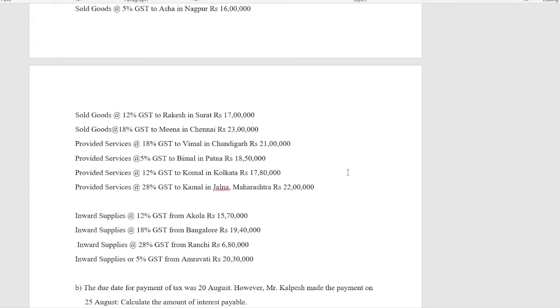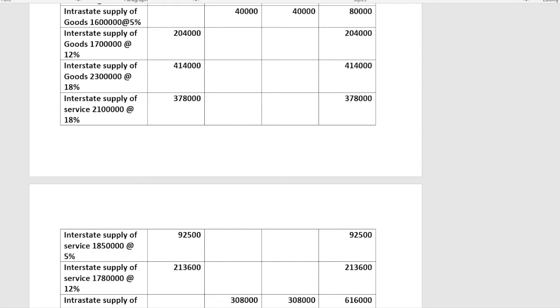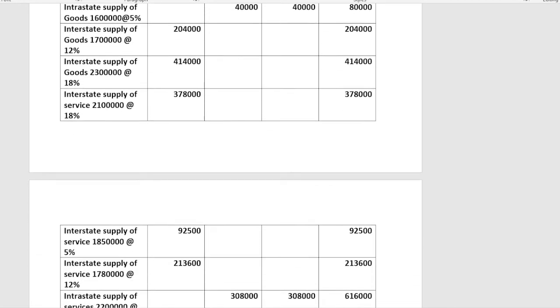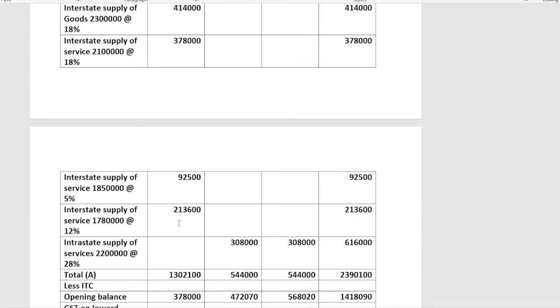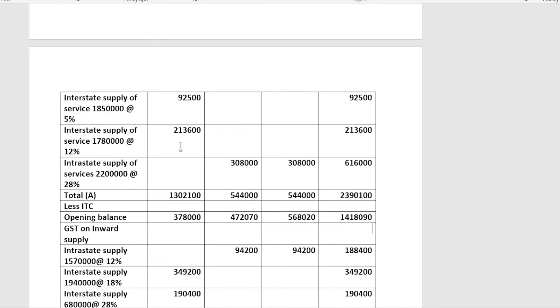The services are provided to Yes of rupees 18,50,000 in Patna, that means in Bihar. So for that the IGST will be levied, and the next transaction of rupees 17,80,000 is also interstate supply, so IGST will be levied.